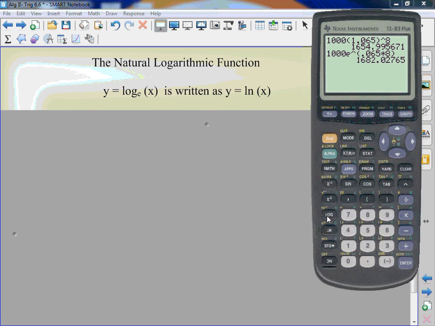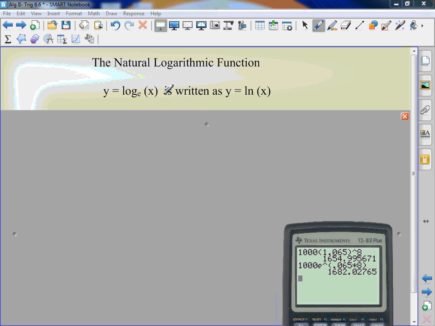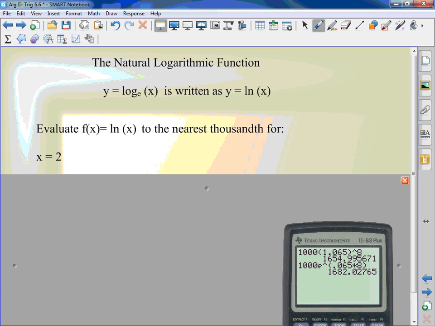Well, we said the other day, I think it was, log and 10 to the x are opposites of one another. e and ln are opposites of one another.